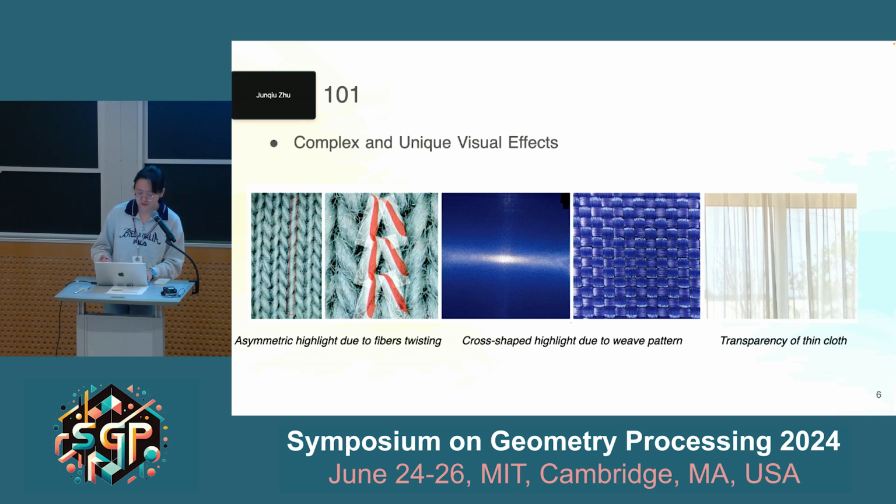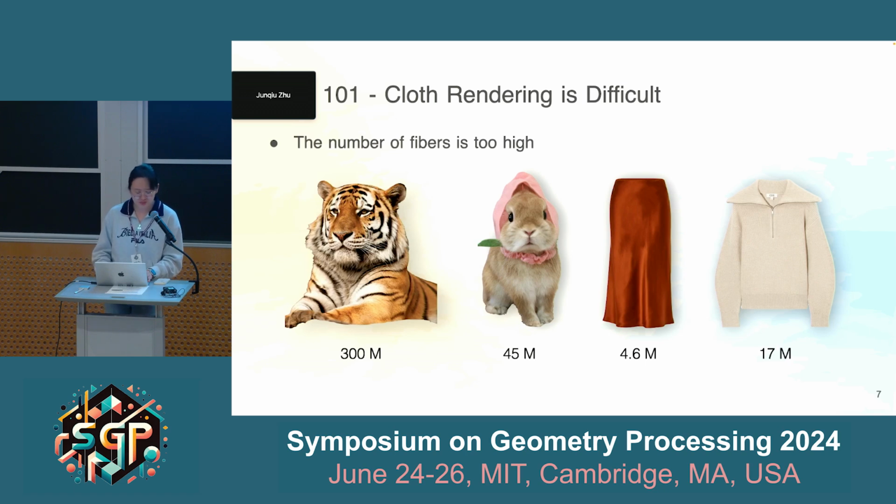And if we put a light source behind the woven cloth, we can see a cross-shaped highlight. Cloth can also exhibit a transparent effect. For instance, window gauze appears very thin and transparent. But cloth rendering is very difficult. First is because of the huge number of fibers it contains.